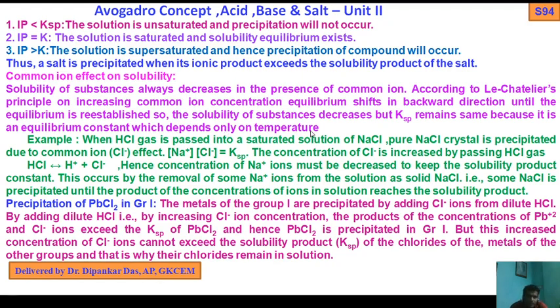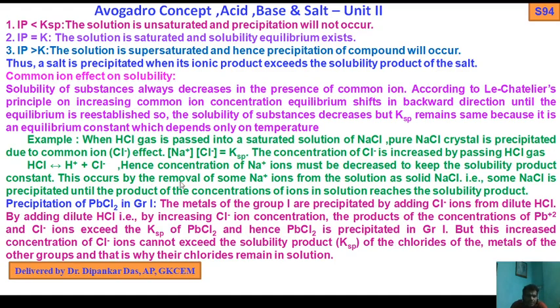because it is an equilibrium constant which depends only on temperature. For example, when HCl gas is passed into a saturated solution of NaCl, pure NaCl crystal is precipitated due to the common ion Cl- effect. [Na+][Cl-] equals Ksp. The concentration of Cl- is increased by passing HCl gas, due to the common ions H+ and Cl-. Hence the concentration of Na+ ions must decrease to keep the solubility product constant.